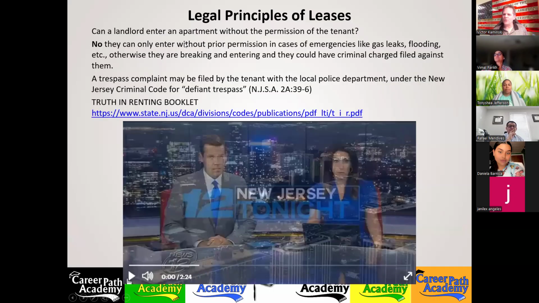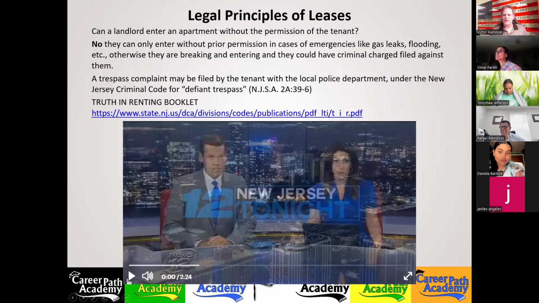Because landlords or their workers, their employees, are not allowed to enter without prior permission. In cases of emergencies like gas leaks, flooding, etc., those are the only times they could enter your apartment using their pass key without prior permission. Otherwise, they have to get permission. They've got to let you know in advance, at least.